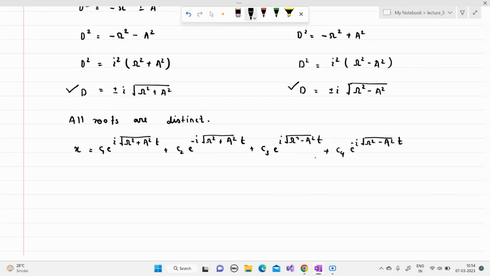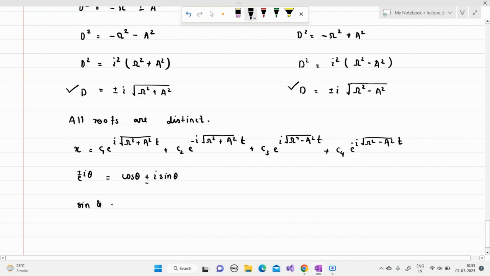Now, if you recollect, e to the power i theta can be written as cos theta plus i sin theta, and similarly for minus. So sine and cos represent the oscillations.